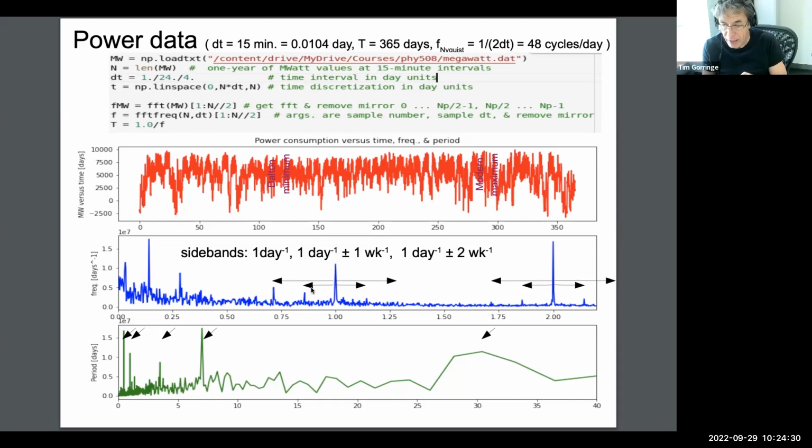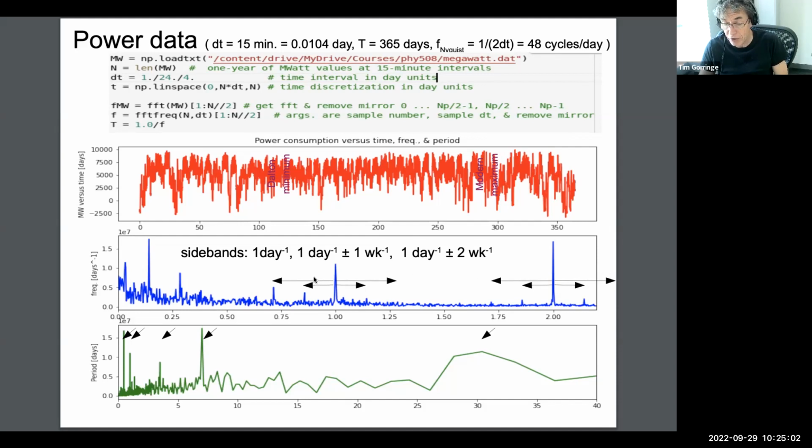They're actually located at 0.14 and 0.28 cycles per day to the left and right of the fundamental frequency, and 0.14 and 0.28 cycles per day to the left and right of the higher harmonic.